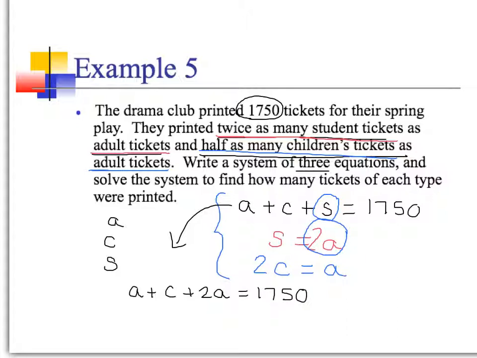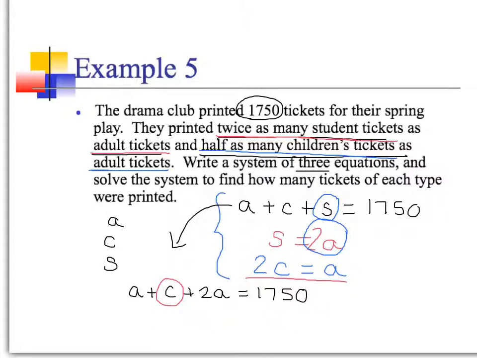Now my problem is I still have 2 variables in that one equation, and to be able to solve I need to have just one variable in that one equation. So I need to determine the value of C in terms of A. Well, I can do that using this equation.